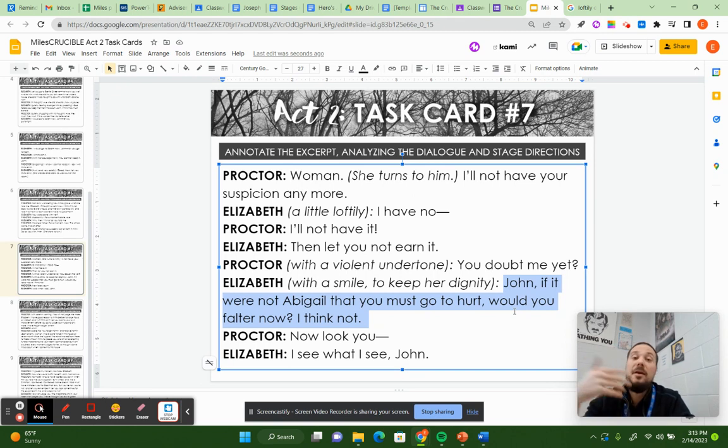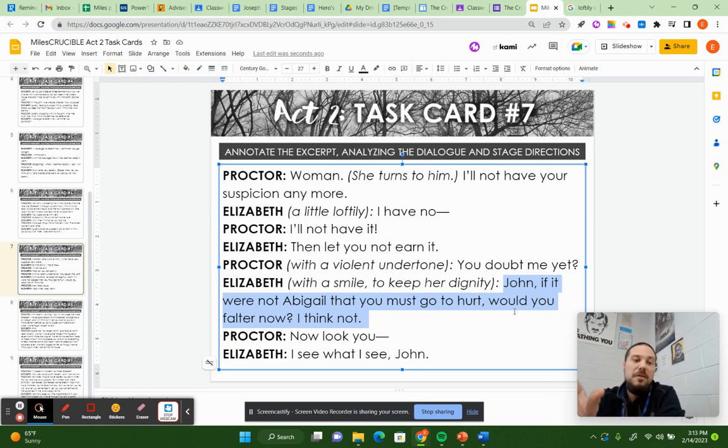She's saying, if it were any other woman, you would have no issue saying that she's lying to the court. But because it's Abigail, and because you still feel something for her, you're hesitating. That's another thing you would infer based off of Elizabeth's words here.